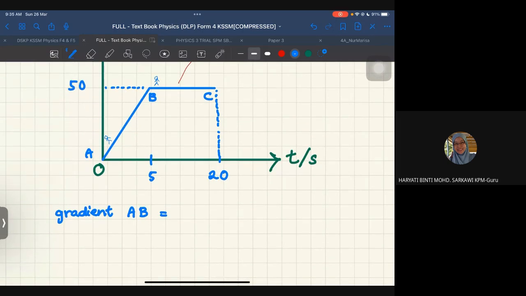Okay, what minus what divided by what? Use the coordinates as we explained just now. Coordinates first. Coordinates here and here.